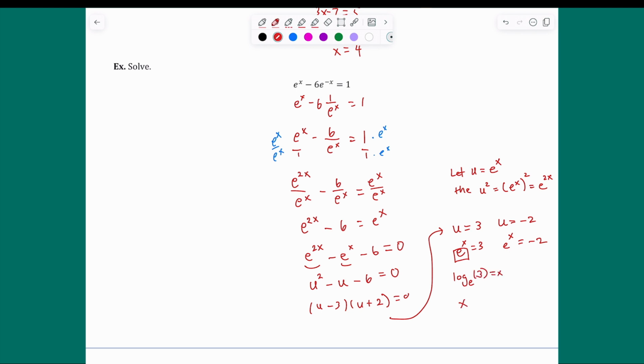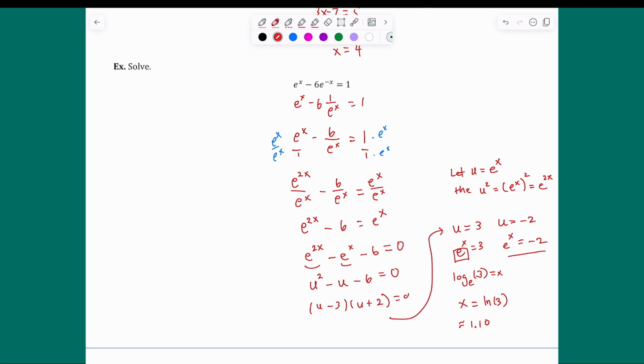In other words, x equals log base e of 3, which is just the natural log of 3. And if you need an approximation to that, it's approximately 1.10 if you round to say 2 decimal places.